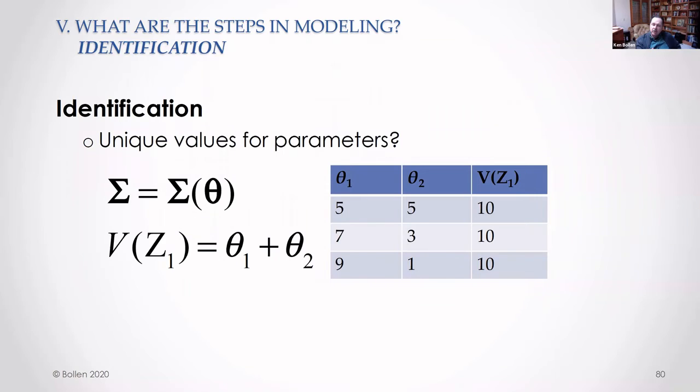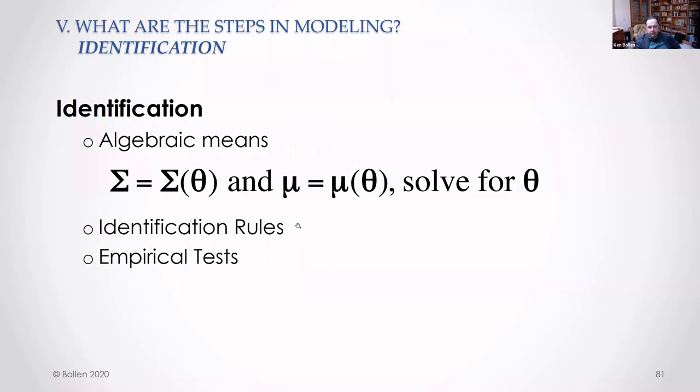In simultaneous equation models, where you start having multiple dependent variables, this becomes more of an issue. In factor analysis, it's also an issue, and in the general model, it's an issue. Now, the most brutal way to attack this is to use the model implied relationships we talked about, sigma equals sigma of theta, mu equals mu of theta, and try to solve for the parameters in terms of mu and sigma.